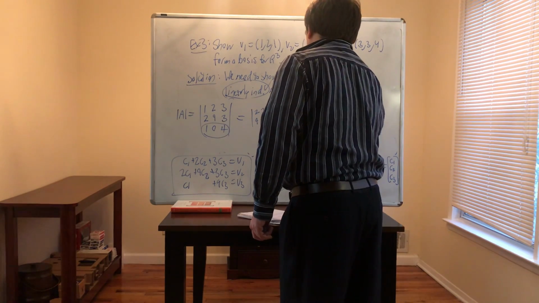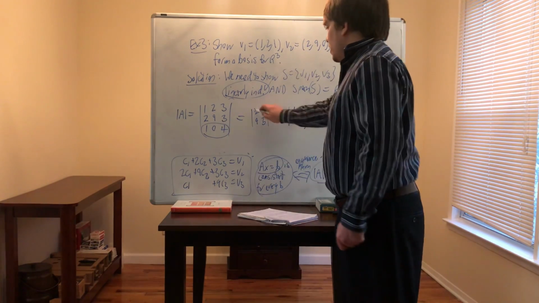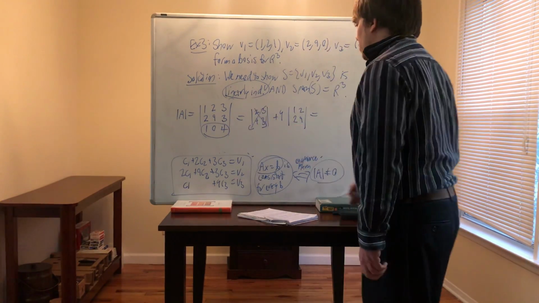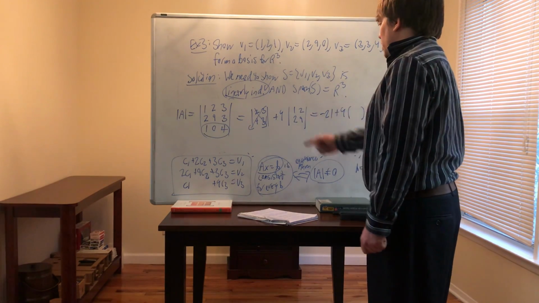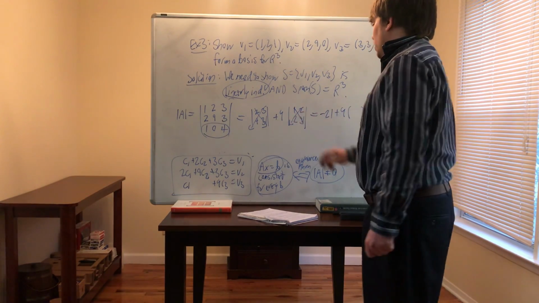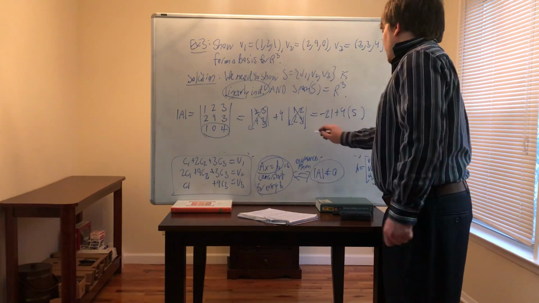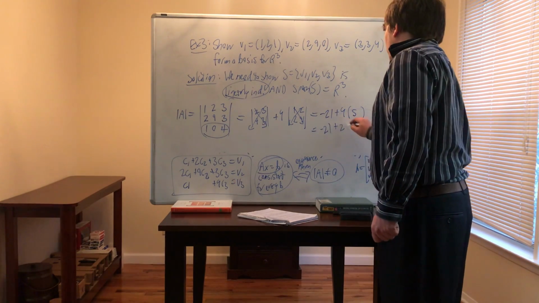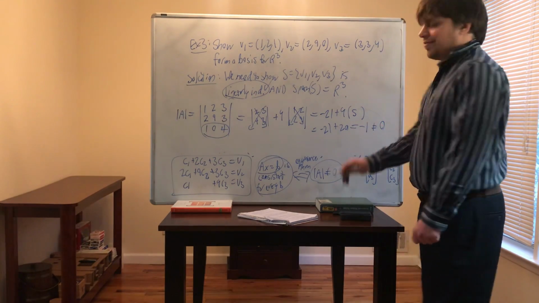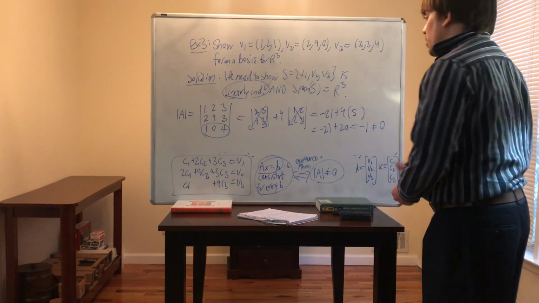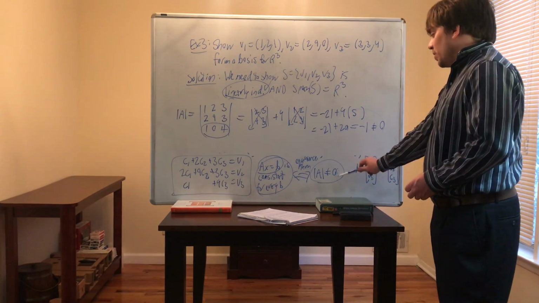So this times this minus that times that is 6 minus 27, which is negative 21, plus 4 times 9 minus 4, which is 5. So this is negative 21 plus 20, which is negative 1, which is not equal to 0. It's close to 0, but not 0. So the determinant is non-zero. That's true.